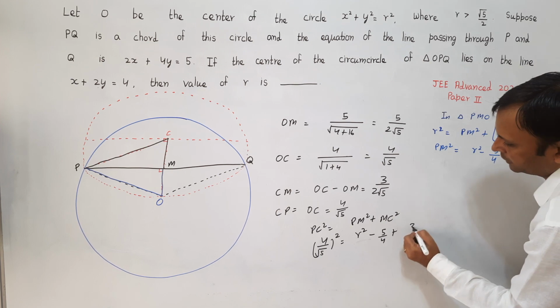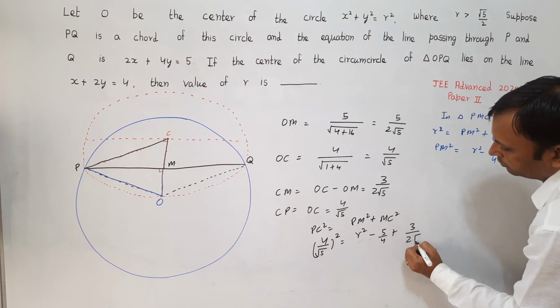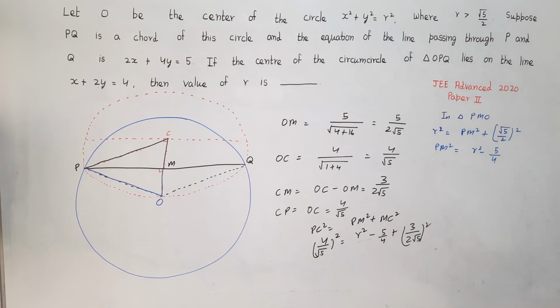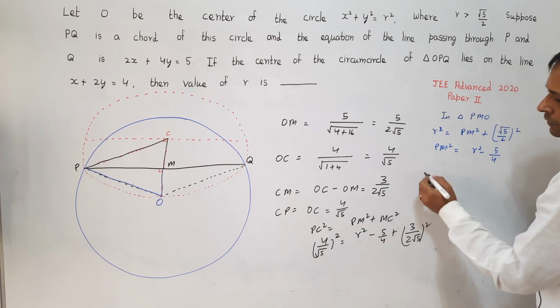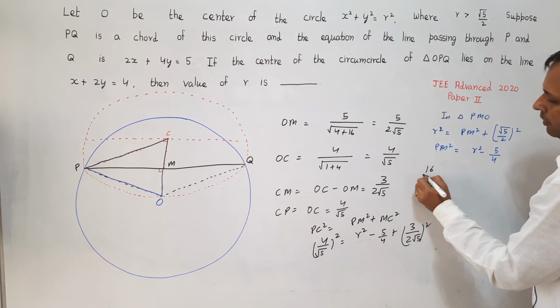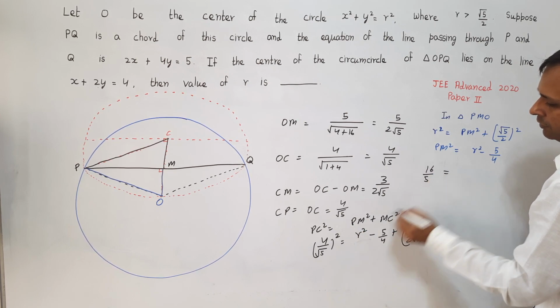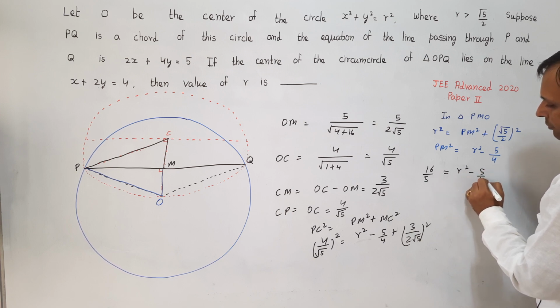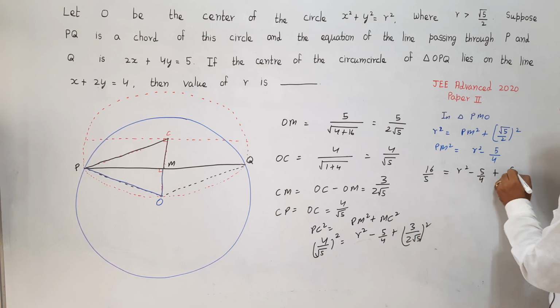So I will write it as 3 upon 2 root 5 square. Okay. Remaining part of the calculation I am doing here. So this becomes 16 divided by 5 is equal to R square minus 5 by 4 plus 9 upon 4 root 5 square, which means this will be 5 into 4, which is 20. So this becomes 9 by 20.